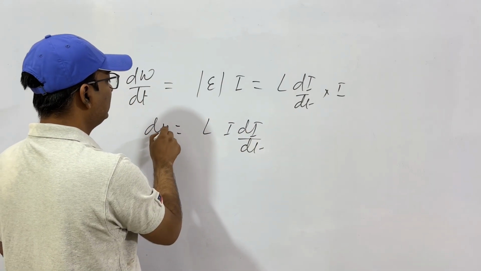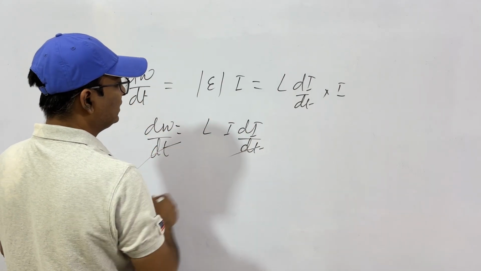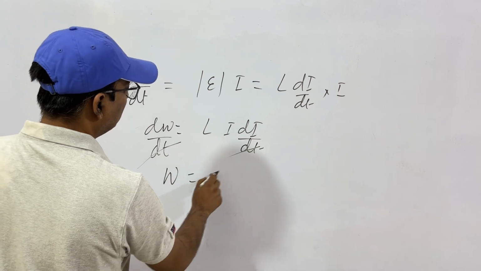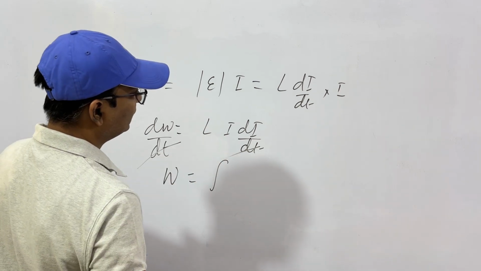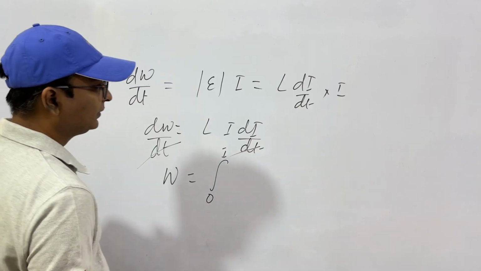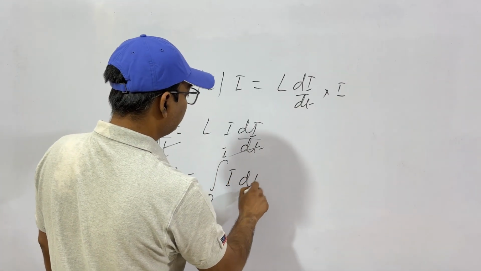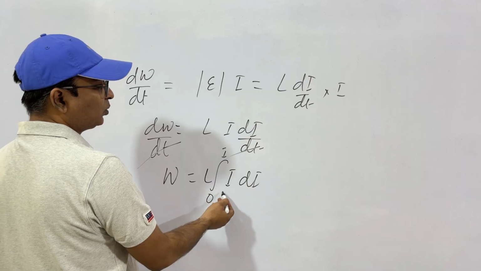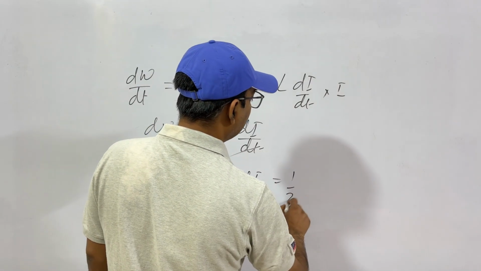This is dW by dt. So dt cancels. Now if you want to know the work done, it is the integral from 0 to I of L I dI. So what you will get? L I square by 2. So this is half L I square.